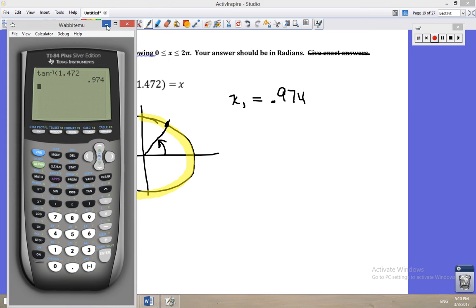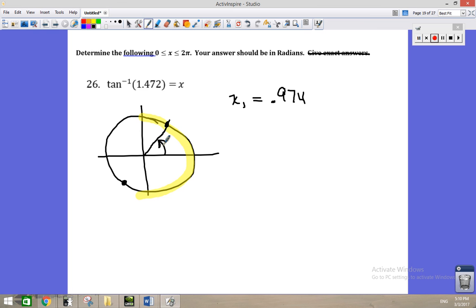So that's this angle. Now for tangent, I can get this angle to be on 0 to 2 pi by just adding pi to that.